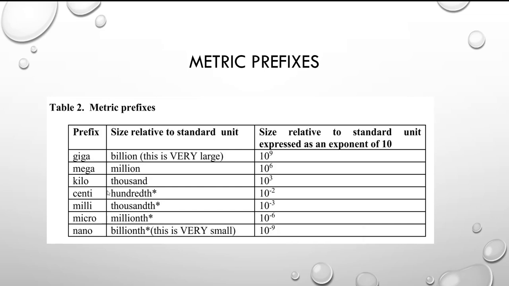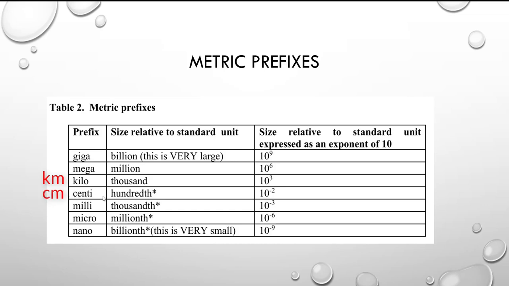As far as the abbreviations, we use basically the first letter of the prefix, with the exception of micro, and then the first letter of our base unit. Remember, meters was M, liters was L, grams was G. So kilometers would be km.